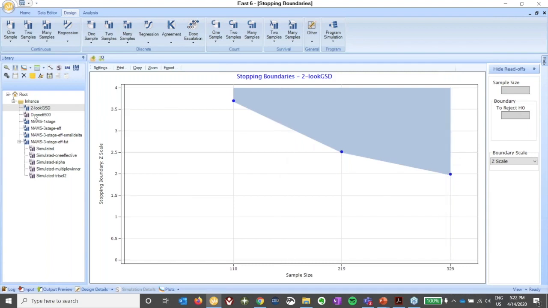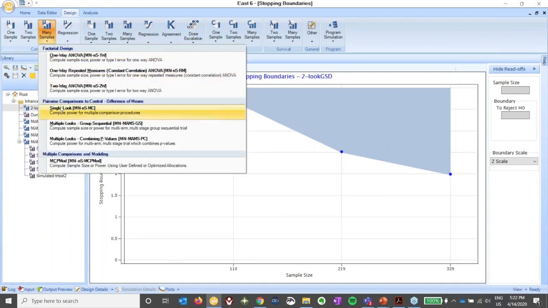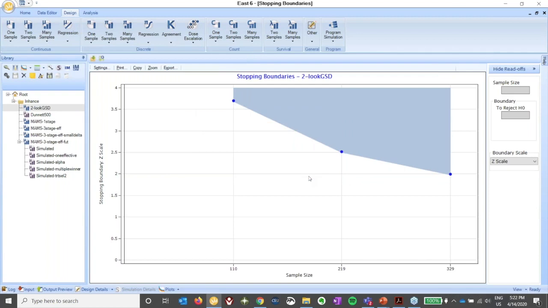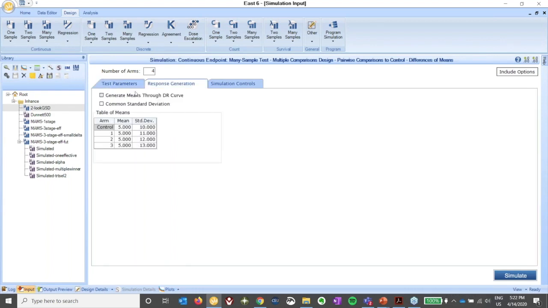Now, what I'm going to do is revisit this problem from a single stage point of view. So if I go into the single look option in EAST, which is a simulation-based approach, this enables us to select different multiple comparison procedures for maintaining the family-wise error rate for a case where, as we mentioned before, we have a common standard deviation of 0.5, and initially we are looking at differences of 0.18 in each one of the 3 arms.